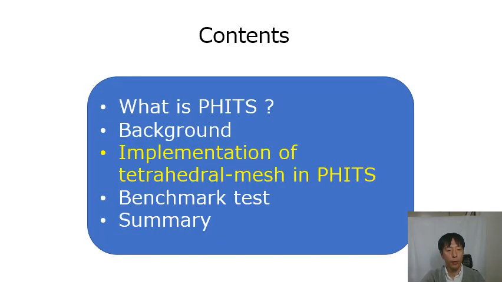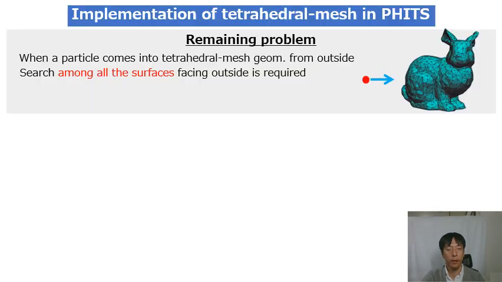Implementation of tetrahedral mesh geometry in PHITS. Even though we decided to implement tetrahedral mesh geometry, there is one remaining problem. The problem appears when a particle comes into the tetrahedral mesh geometry from outside, like this.